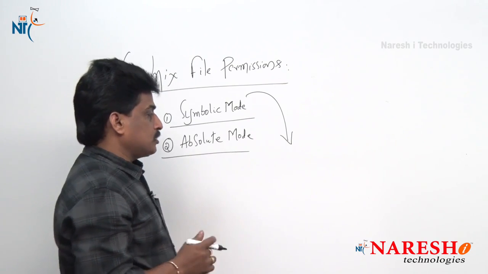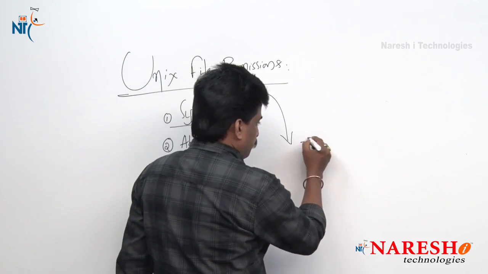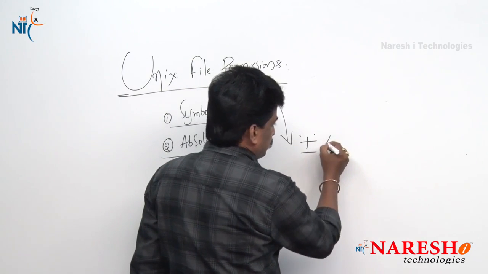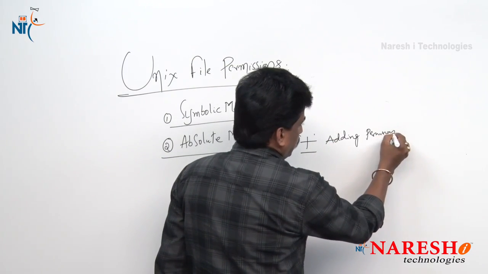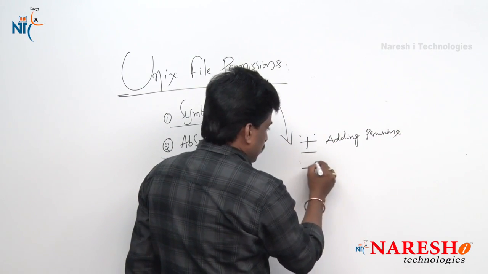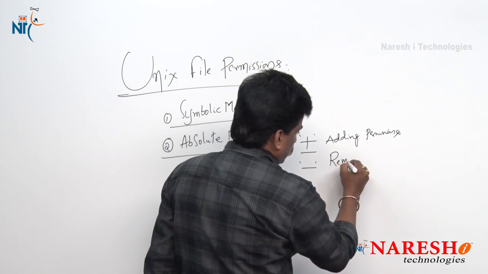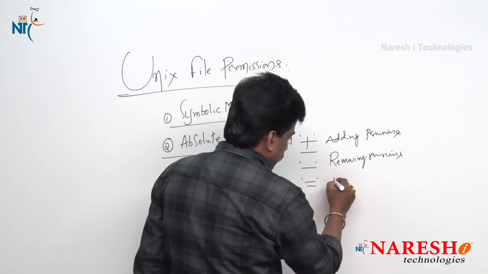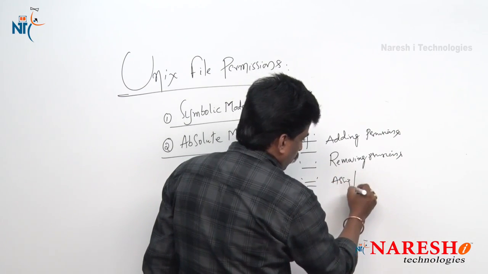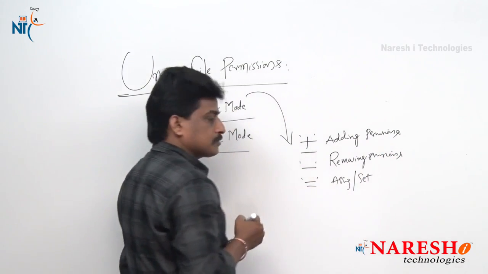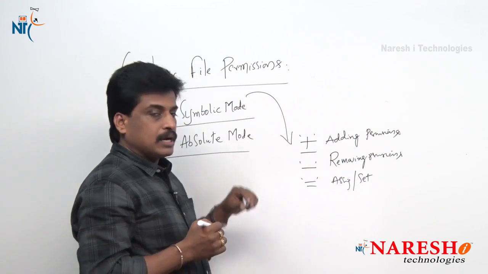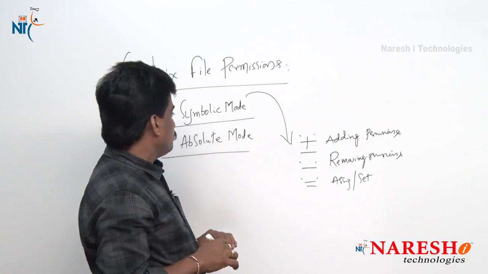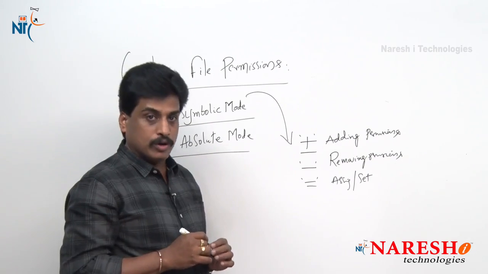What notations are commonly used here? Plus, adding permissions. Minus, removing permissions. Equal to, assigning or setting permissions. These are the 3 common symbols we use with symbolic mode.